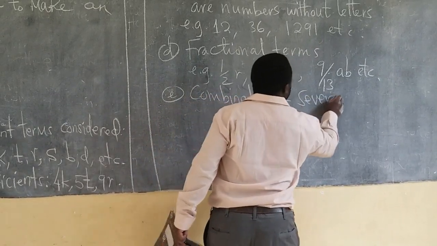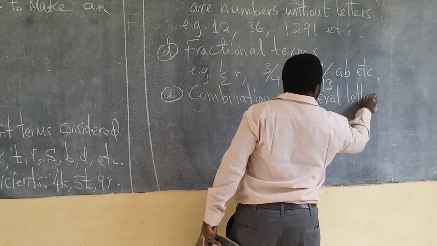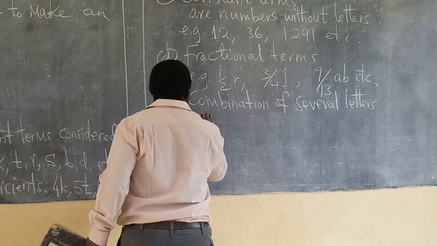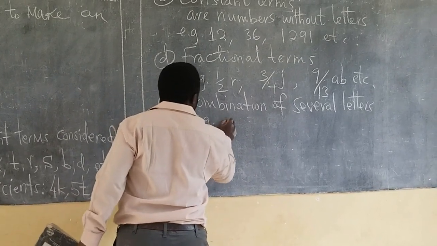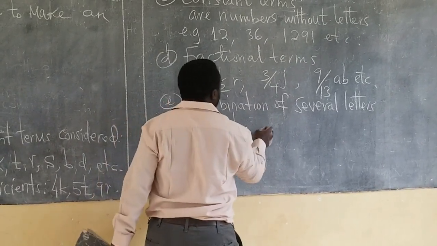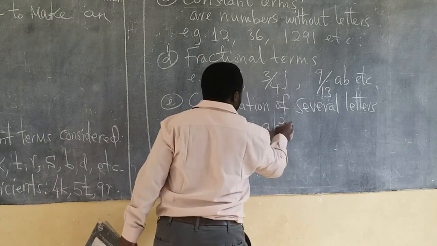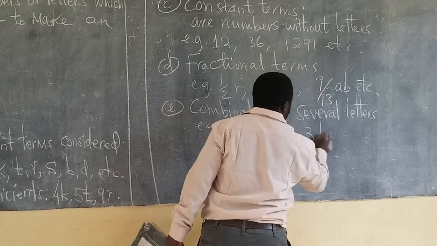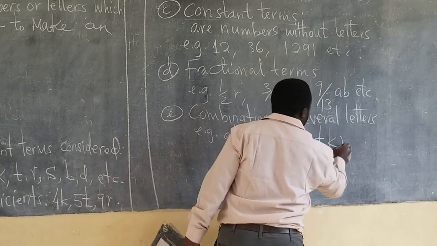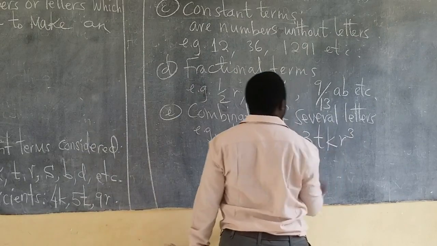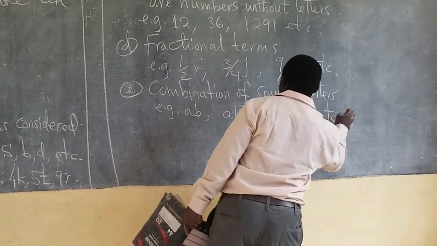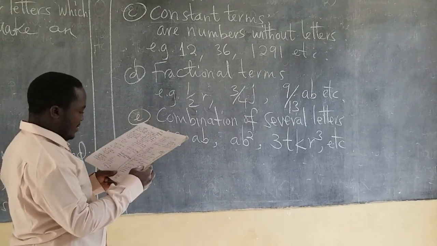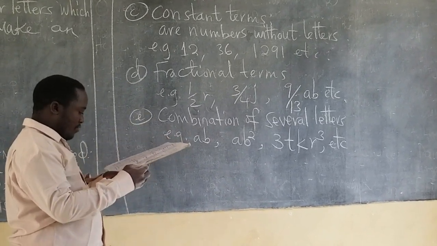Another form, combination of several letters. Example, ab squared, 3tkrq, etc. These are examples of terms in combination of letters.